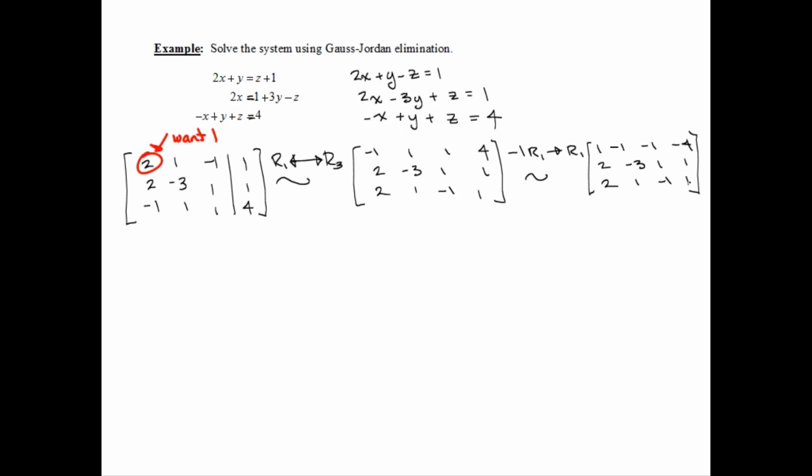Okay, so now what do we want to do? Now we want to get zeros in that first column. So to get those zeros, you take the opposite of that number, multiply by the row with the leading one, which will be the first row, add to the row you're working with. Do the same thing for both of them.